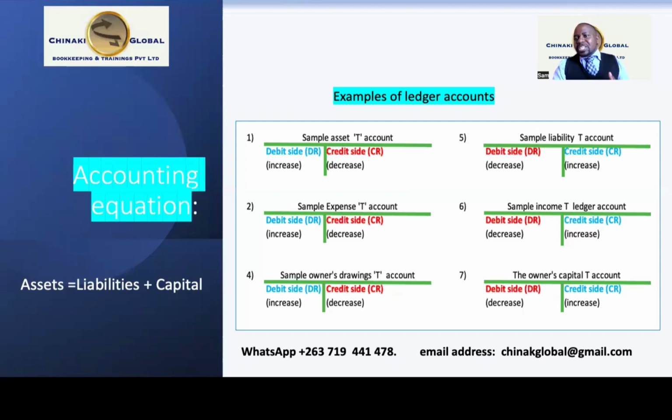These names can be used interchangeably depending on the type of organization we are discussing. So this is just the overview of the different types of entries in the general ledger accounts.